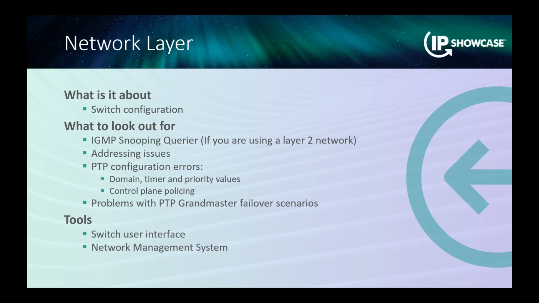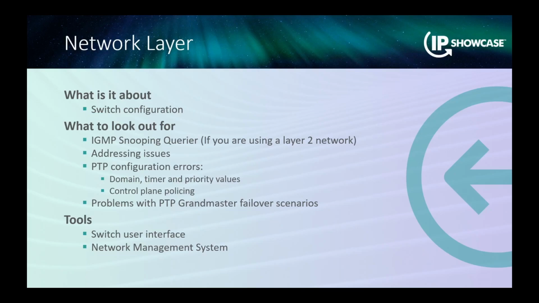Yeah, we have seen problems with PTP grandmaster failover. Theoretically it shouldn't happen, but if it happens, it's good to test your system for this. So be sure you have a grandmaster failover test in your test procedures.